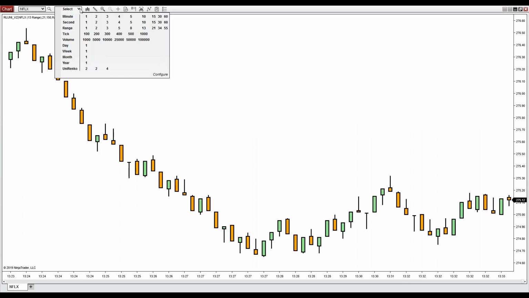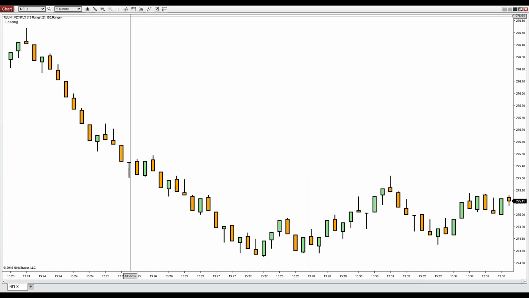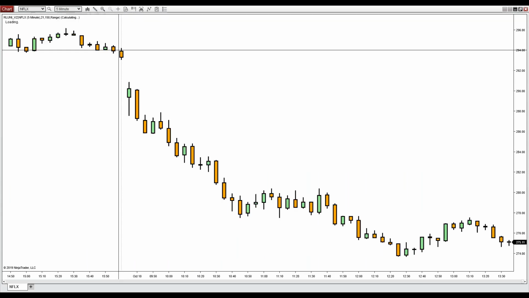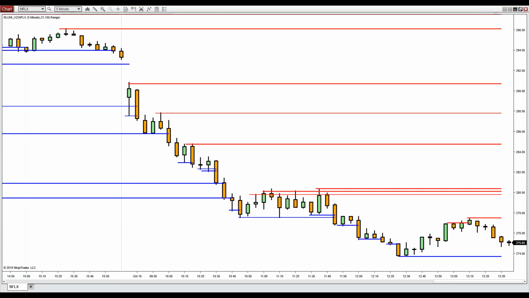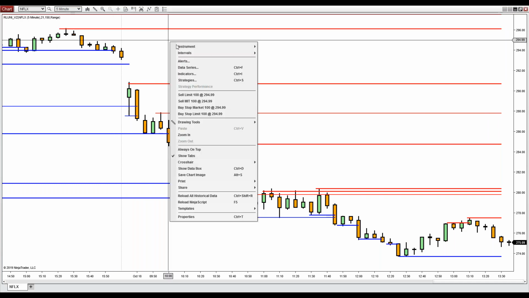We're going to change the 13 range to a 5-minute. And then we have to change, remember, the settings in the indicator.